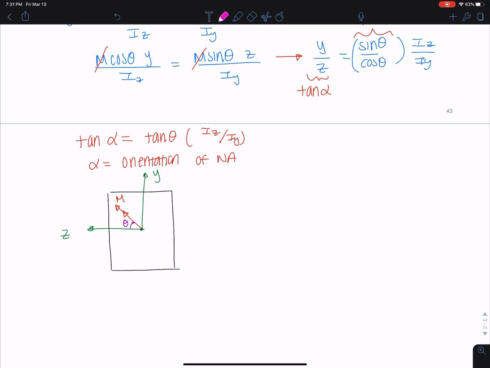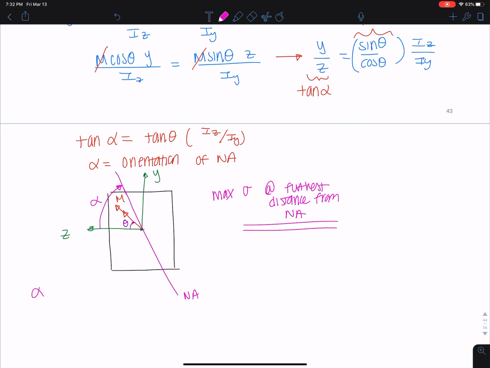My alpha is some, let me try to get this to go through this point. Some neutral axis orientation here. And this is my alpha. Okay, and my max stress is at the furthest distance from the NA. And alpha is always measured from the Z to Y direction.